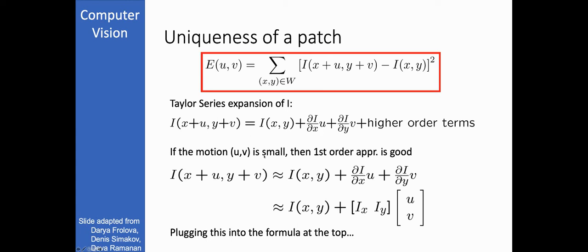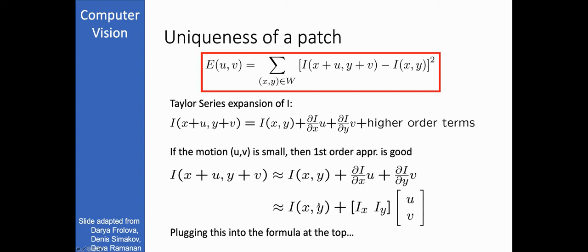If the motion uv is small, then the higher order terms will die out and the first order approximation will be a good one to the actual intensities of the shifted patch. Now, if I plug this in the formula, I can write this in terms of the gradients of the image: I(x,y) plus the gradient of the image dot product with the u and v direction.